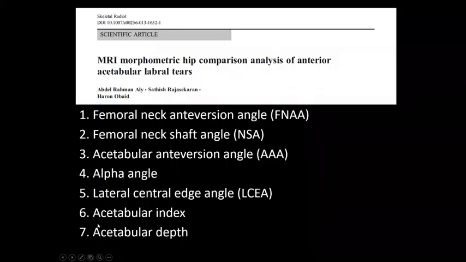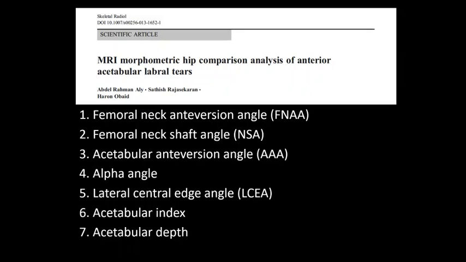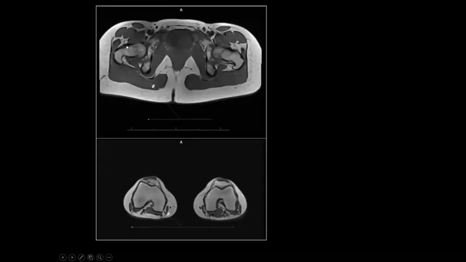We have dedicated orthopedic surgeons who perform labral surgery, and they refer patients to us for femoroacetabular imaging, and we perform all these measurements on MRI. So this is how you, for example, measure the femoral neck anteversion. As you may remember from the beginning when I was talking about the MRI protocol, I said we always image the knees of these patients.